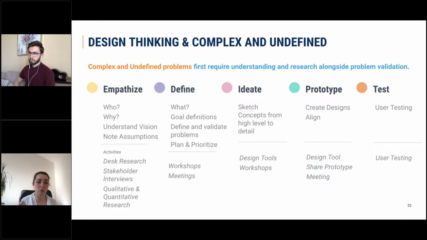You need to note them and you need to validate them. You need, in the define step, to define the goal. What does good look like? We could do a pre-mortem workshop to see what a roaring success and what failure look like, so we can all be aligned in the same understanding.